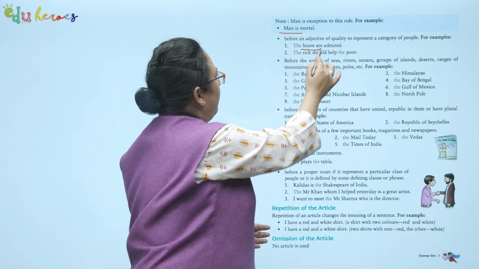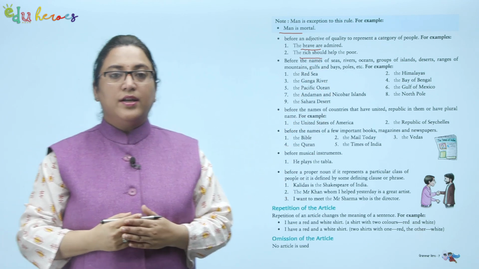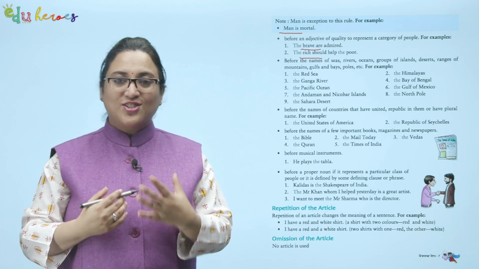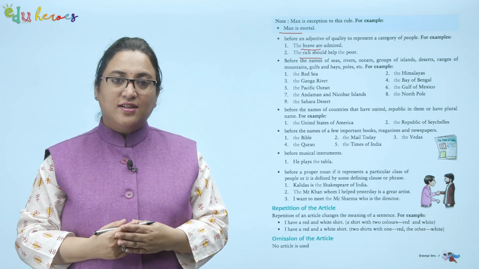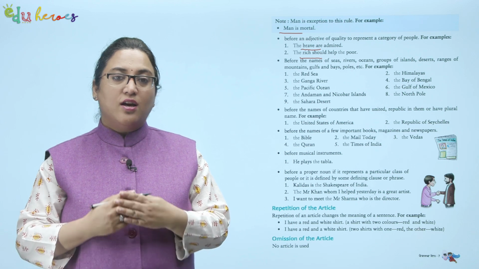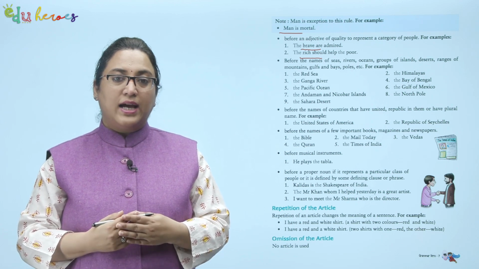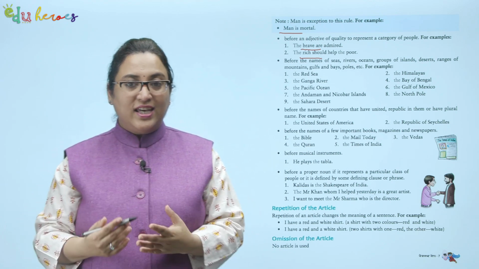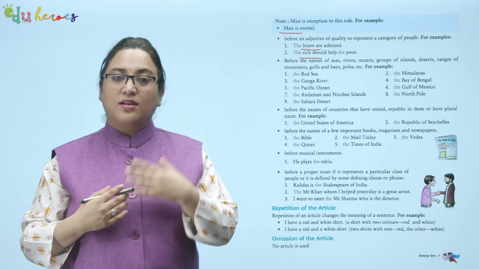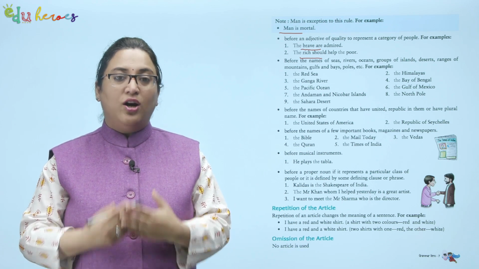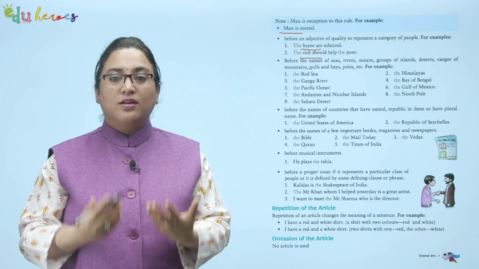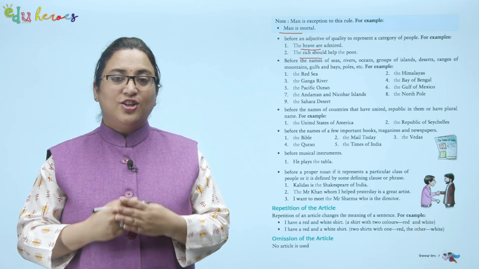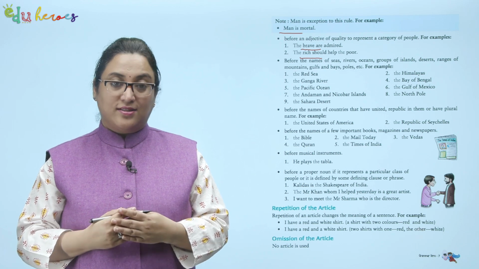Like brave, rich. It is also used before the names of seas, rivers, oceans, groups of islands, deserts, ranges of mountains, gulfs and bays, besides poles, etc. Let's read along. The Red Sea, the Himalayas, the Ganga River, the Bay of Bengal, the Pacific Ocean, the Gulf of Mexico, the Andaman and Nicobar Islands, the North Pole, the Sahara Desert.